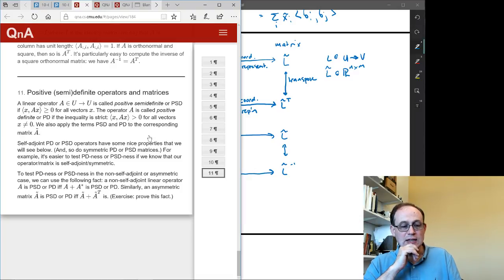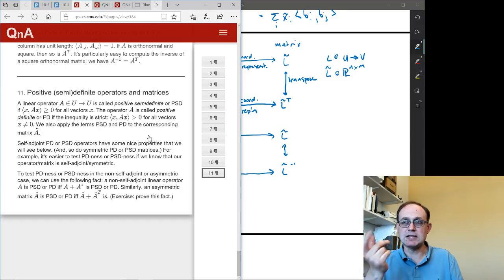If a matrix happens to be symmetric, or alternately the operator happens to be self-adjoint, it turns out to be easier to test whether it is positive definite or positive semi-definite. And symmetric or self-adjoint operators or matrices that are positive definite or semi-definite come up a lot in applications, so it's a useful property to be able to work with.